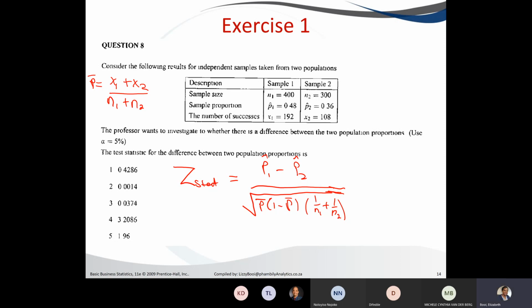How are we doing? I'm getting 3.18398, which I rounded off to 3 decimal places. Okay, wait. When you were working out your answers, did you round off anywhere?